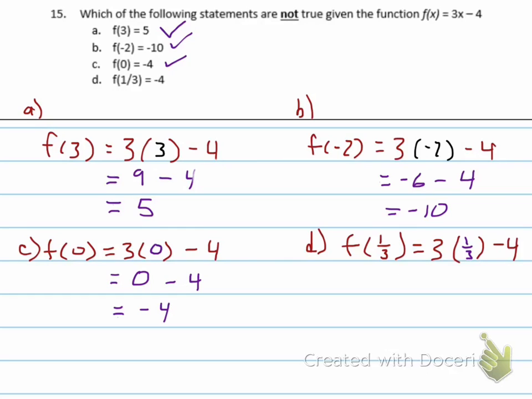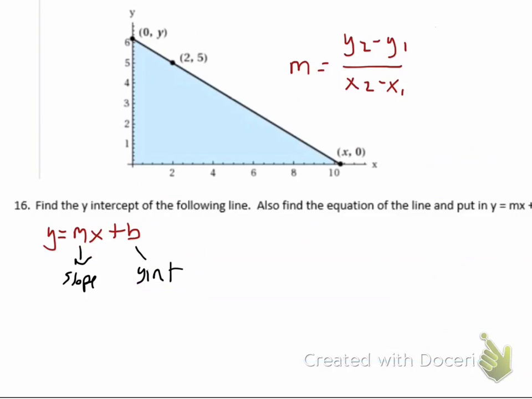This one, I'll do this one, even though we should know that it's this. 3 times 1/3 minus 4. Well, 3 is really 3/1. So that equals 1 minus 4, which equals negative 3. That's not true. So my answer to this one is D.